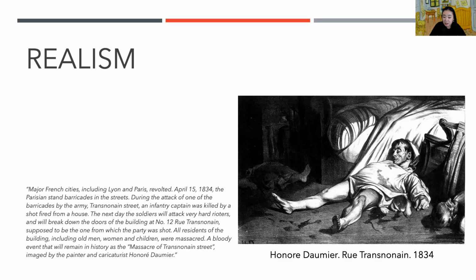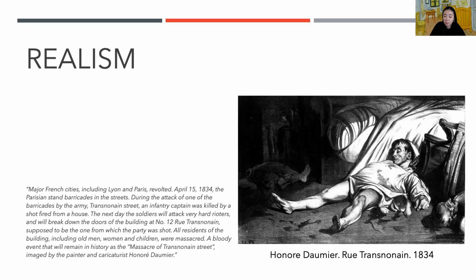During the attacks on one of the barricades by the army, on Transnonain Street, an infantry captain was killed by a shot fired from a house. The next day, the soldiers attacked the rioters very hard and broke down the doors of the building at number 12 Rue Transnonain, supposed to be the one from which the shot was fired.